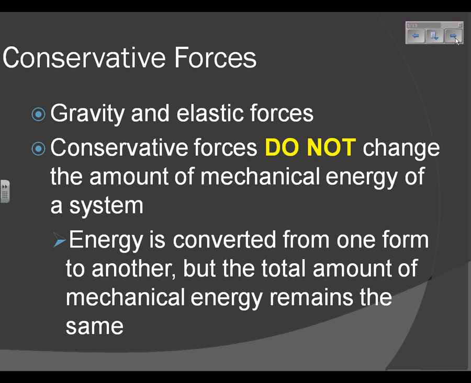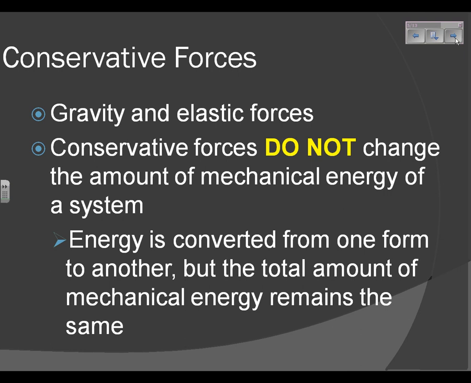It's getting smaller. But as it's falling, what's happening to its speed? So what's happening to its kinetic energy? It's also increasing. And the thing that makes gravity a conservative force is that as this thing falls, its potential energy is decreasing, but its kinetic energy is increasing.